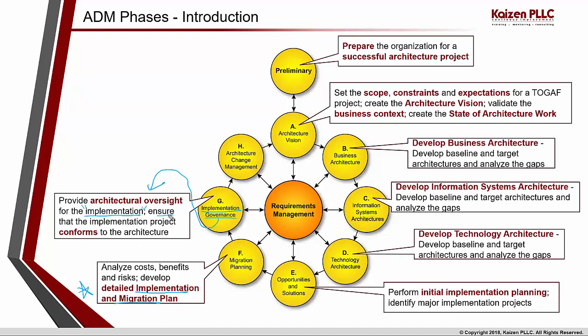And you will also ensure that each implementation project conforms to the architecture which has been put forward as part of the architecture definition document, the implementation and migration plan, as well as part of the architecture contract between the implementation team and the architecture team.